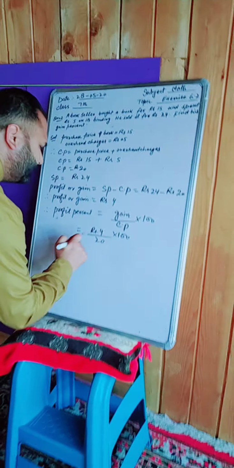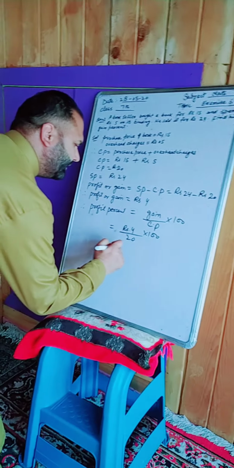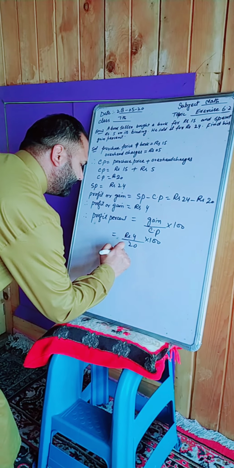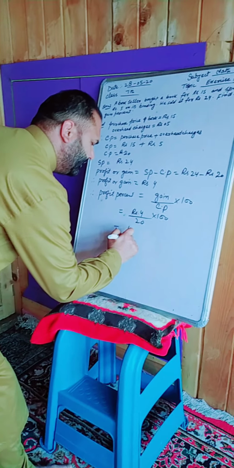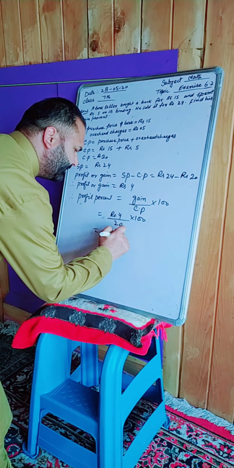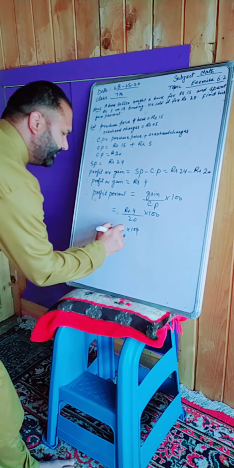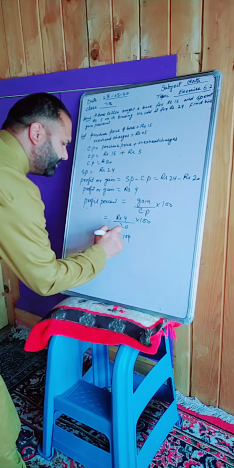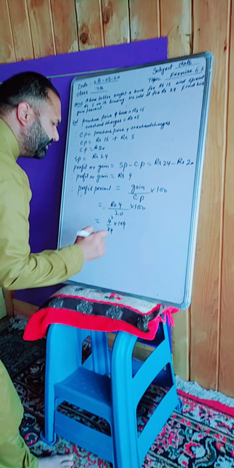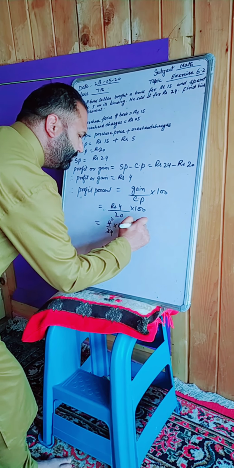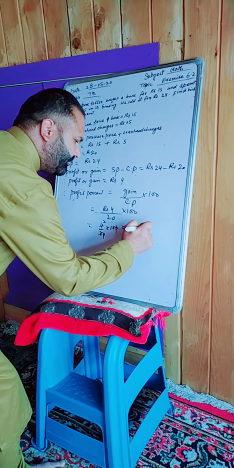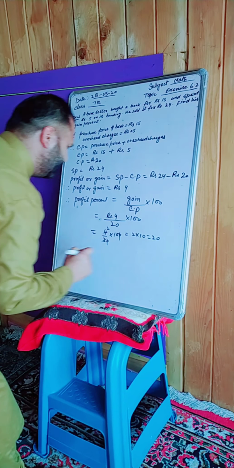So this is equal to 4 over 20 times 100. The zeros cancel, 2 ones are 2, 2 twos are 4. This is equal to 2 fours are 8... this is equal to 20.